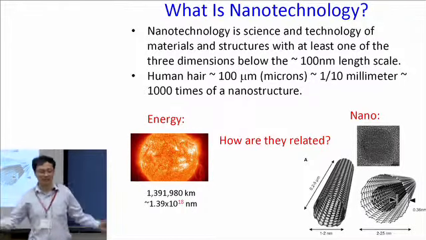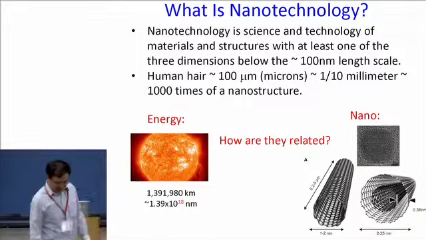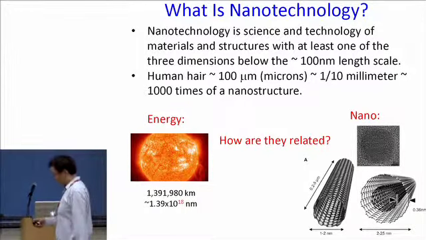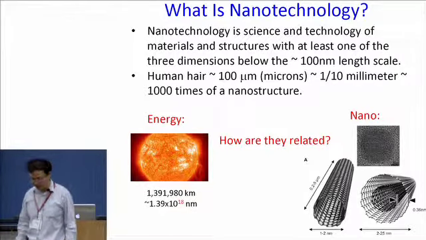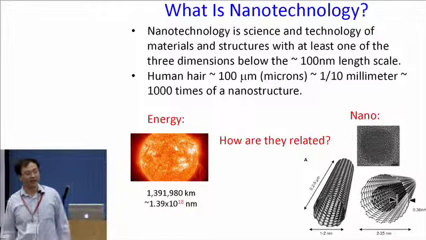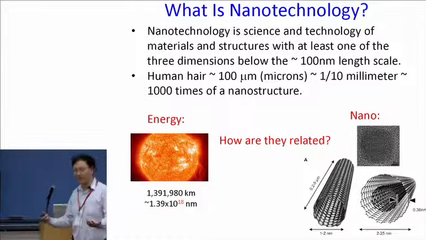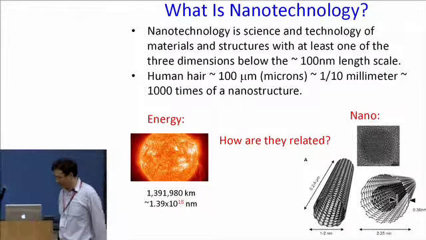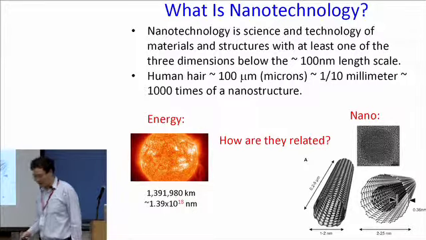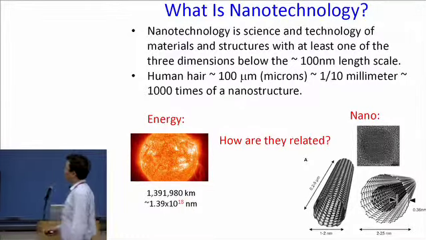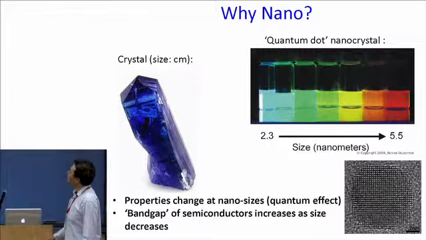So it's a huge subject. The question is, do they actually have any relationship? Can we use nanoscale materials to do something good, to utilize the energy of the sun? This is a very active topic going on right now.